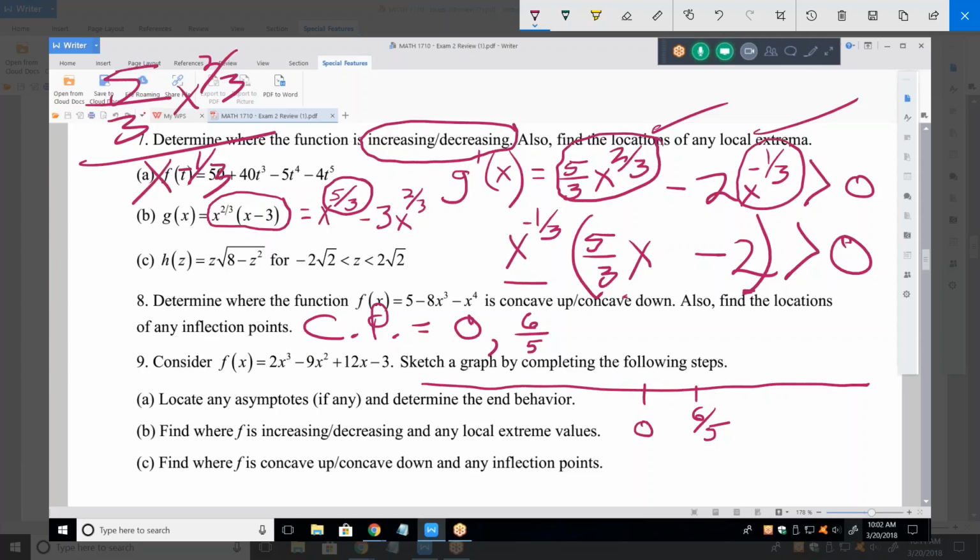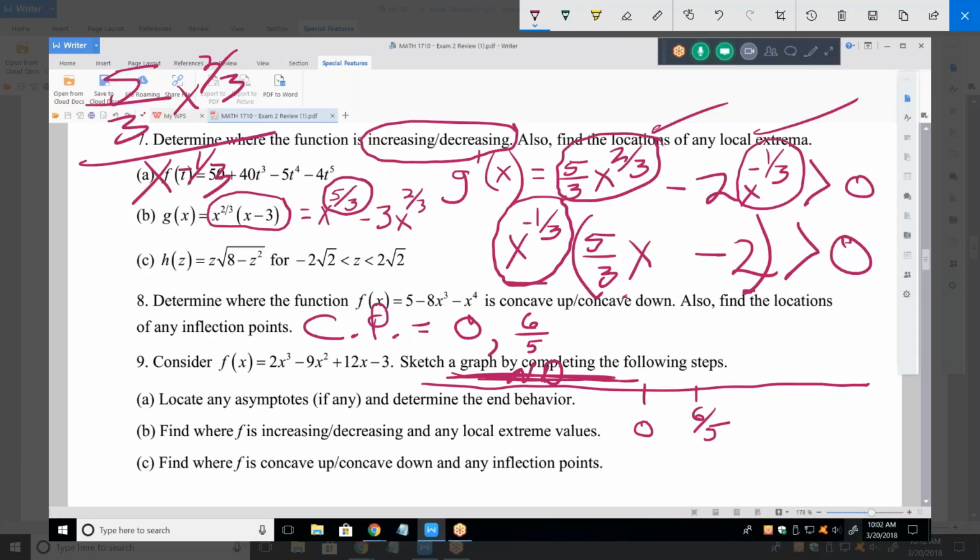That creates a little problem, doesn't it? These are not defined. You cannot have a negative number for x. You can have 0, but you can't have a negative number. So nothing's going on back there.